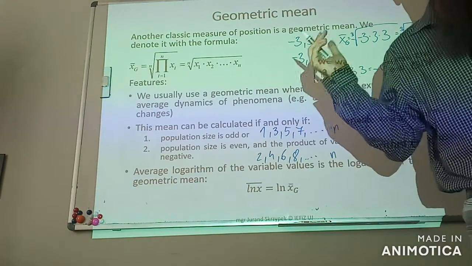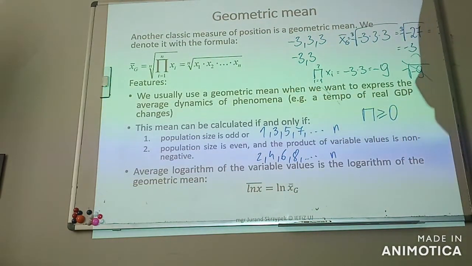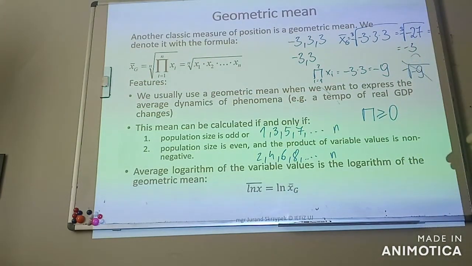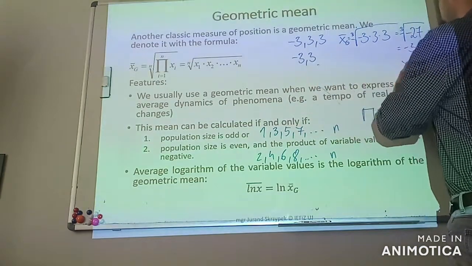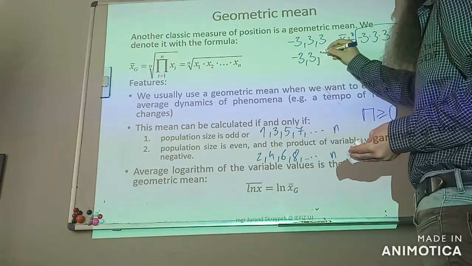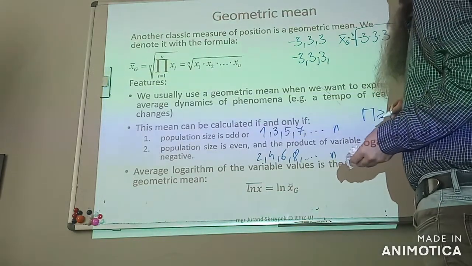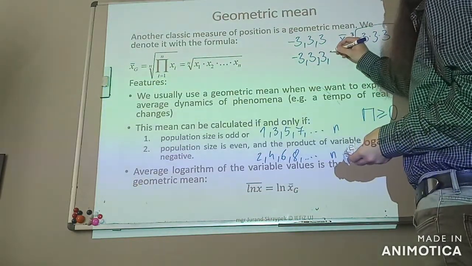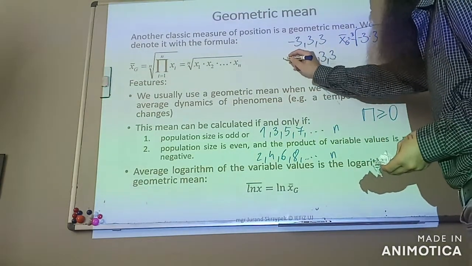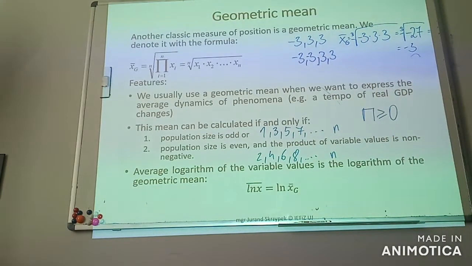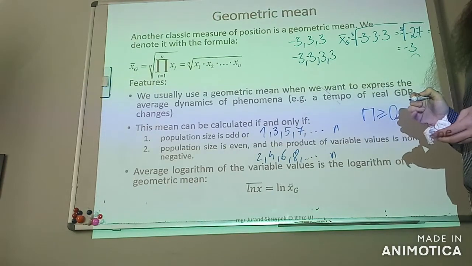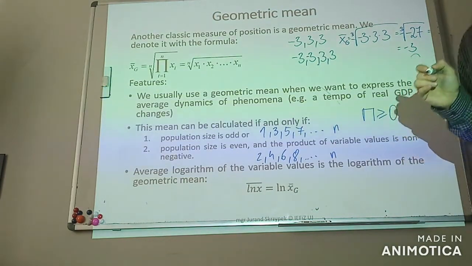So in that situation we can't compute the geometric mean. But if we have here, for example, 3 and another 3, minus 3 maybe, we have two minus 3s and two 3s.